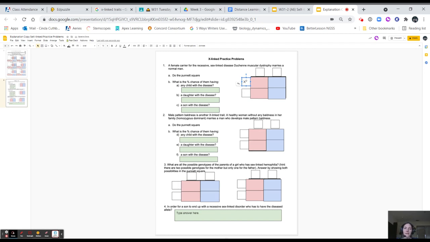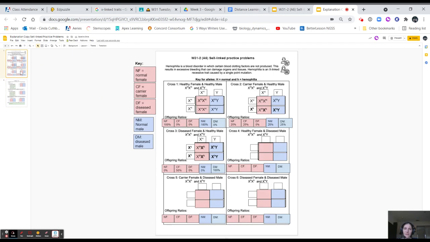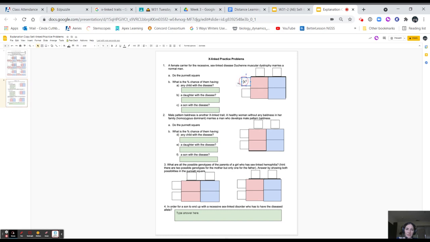Okay. And you can go ahead and copy and paste if you want from the other page, and then you can very easily change that H to a D, capital D if you want.